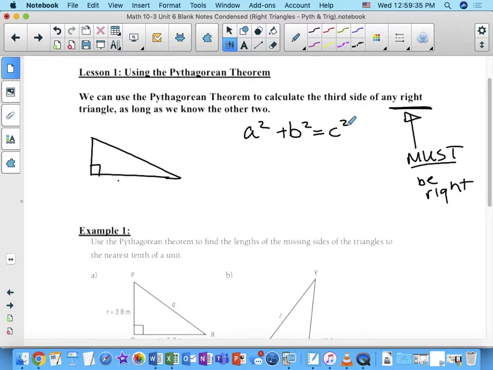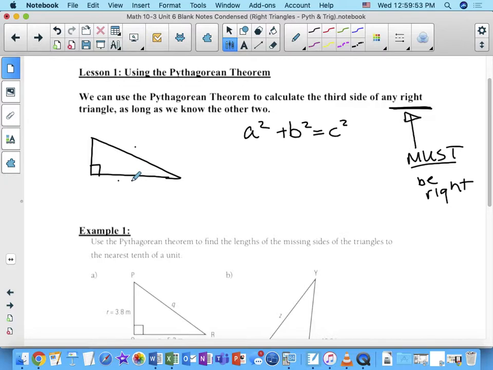Could I put A here, B here, and C here? Does it matter? Correct. A and B don't matter, but c squared must be the longest side.